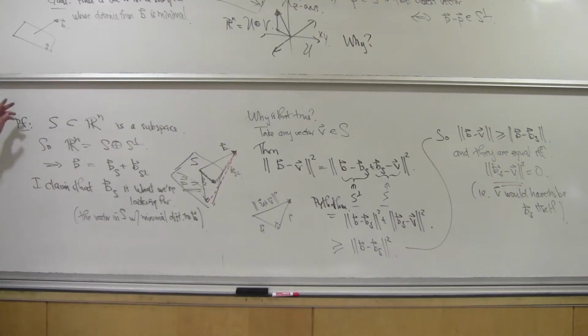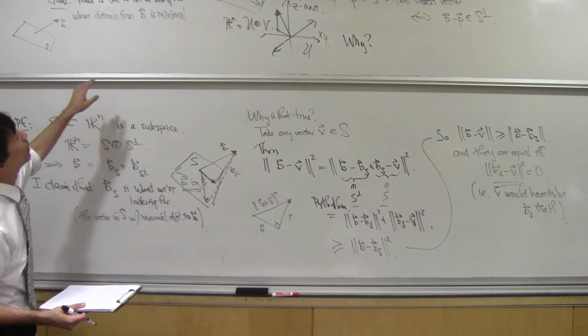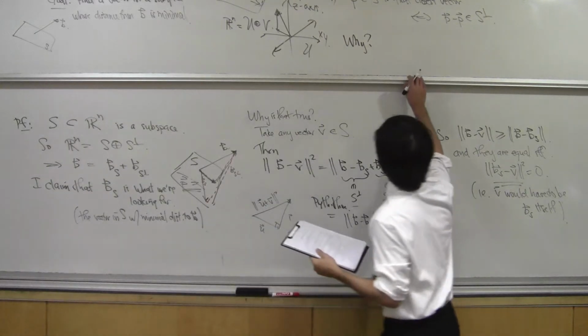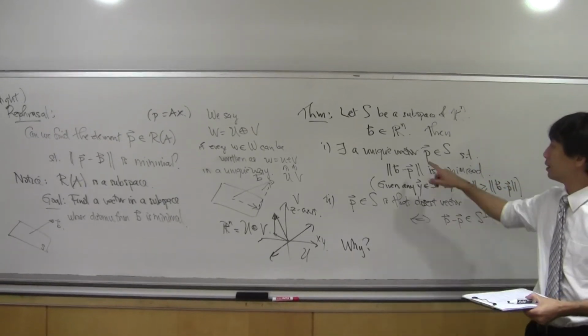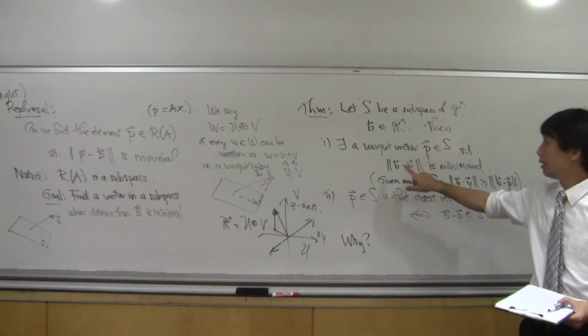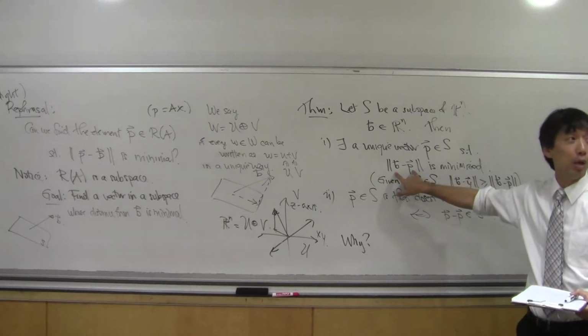And that basically gives it to us. We were trying to show that there's a unique guy whose distance to B is smallest.